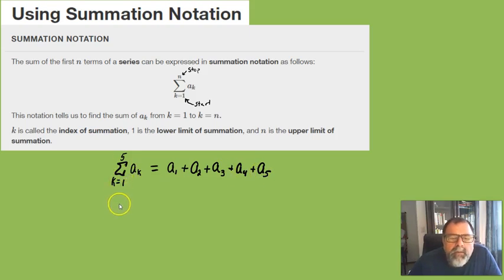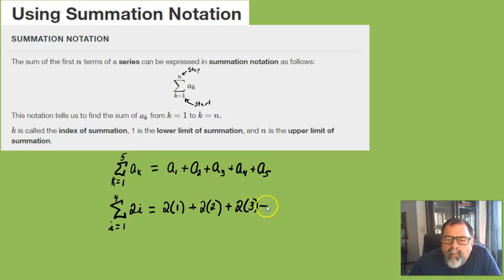Now sometimes we can use this as like a variable. So let's say I'm going to use i this time. i from 1 to 4, and let's say I'm going to do 2i. So I'm going to plug in 1 and then 2, and I'm going to keep doing that, indexing it until I get to the top number, which is 4.